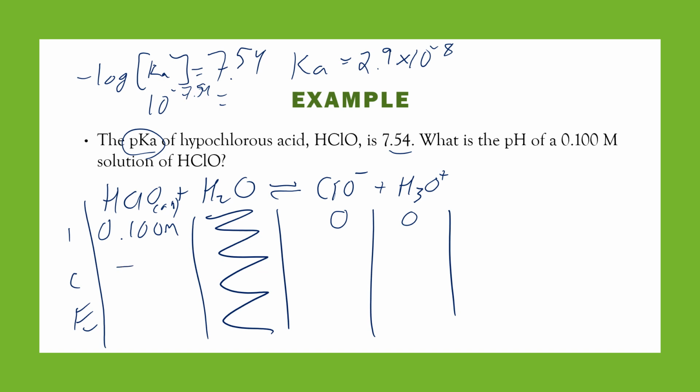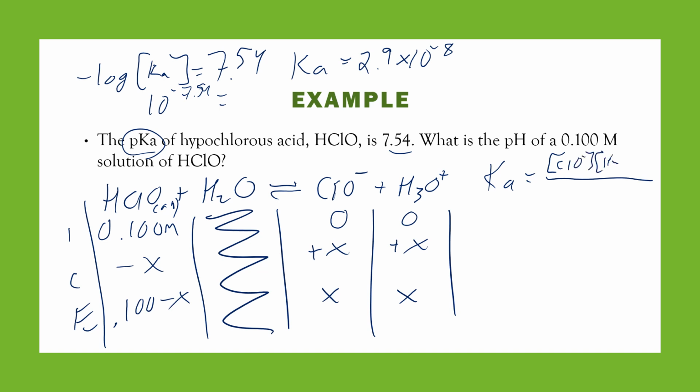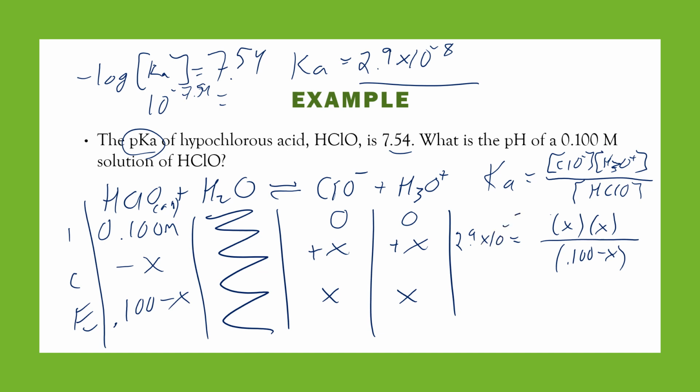This will decrease by X, increase by X, increase by X, so 0.100 minus X, X, X. Let's go ahead and write our Ka expression. It's the ClO negative times the H3O plus all over the HClO. And we always plug in equilibrium values, so we have X, X, and 0.100 minus X. And we found our Ka value was 2.9 times 10 to the negative 8.